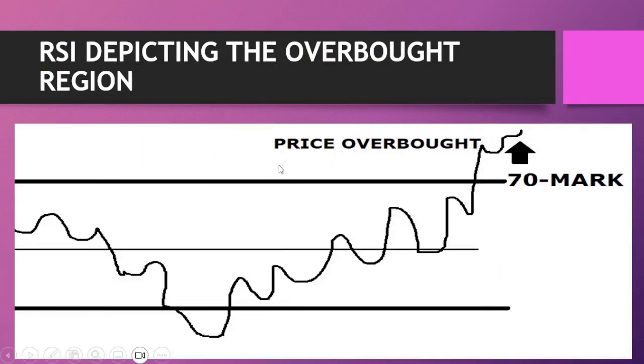As shown in the illustration, we have the movement of the MA line of the RSI above the 70 mark line and its subsequent retention above this line. This confirms an overbought market condition.